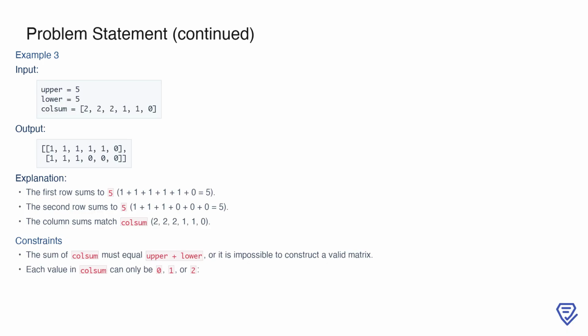Here, the first row sums to 5, and the second row also sums to 5, which matches the given upper and lower values. Additionally, the column sums 2, 2, 2, 1, 1, and 0 align perfectly with the provided colsum. This example showcases how a valid matrix can be constructed if all the conditions are met, and it also emphasizes the flexibility in distributing values across rows while adhering to the constraints.